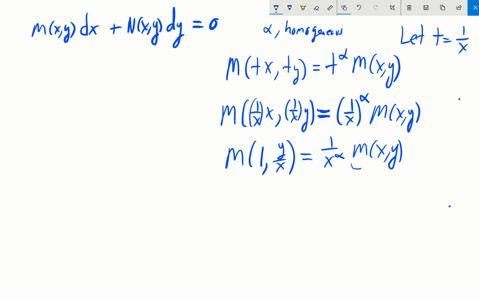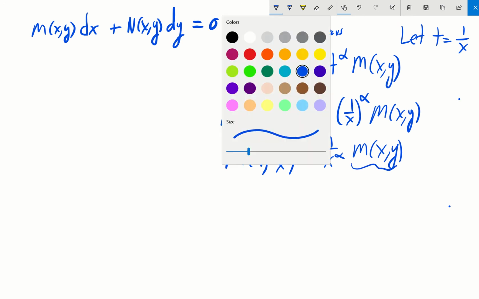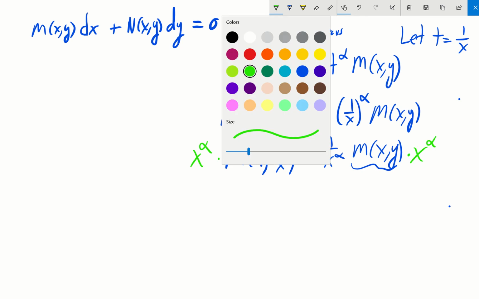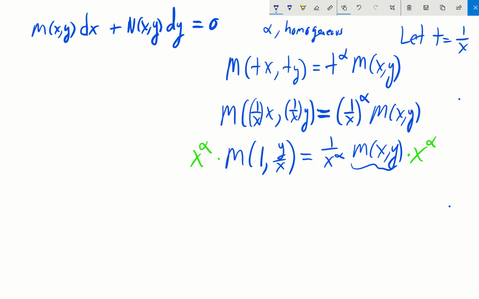Then I'm going to solve this for m of x comma y by simply multiplying both sides by x to the alpha. Here's what we get. We have x to the alpha, m of 1 comma y over x, is going to be equal to, these cancel, m of x comma y.